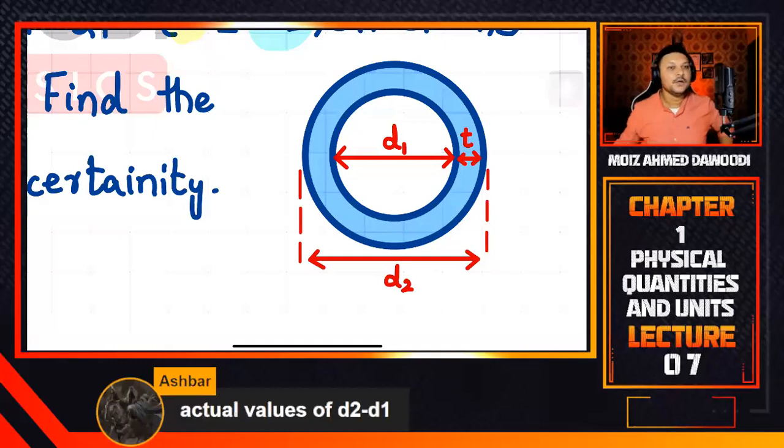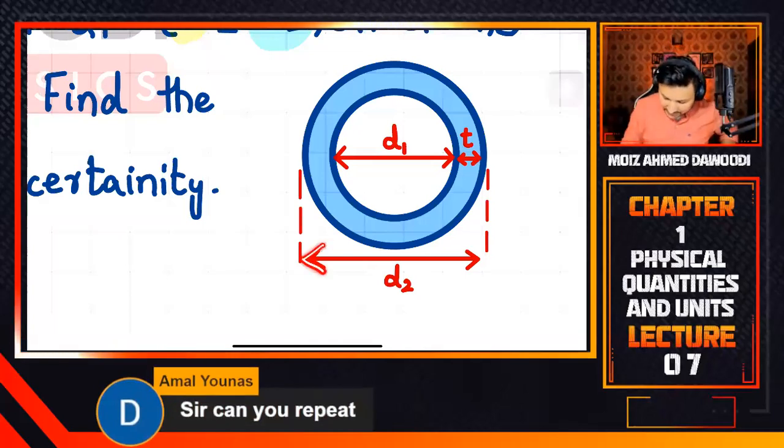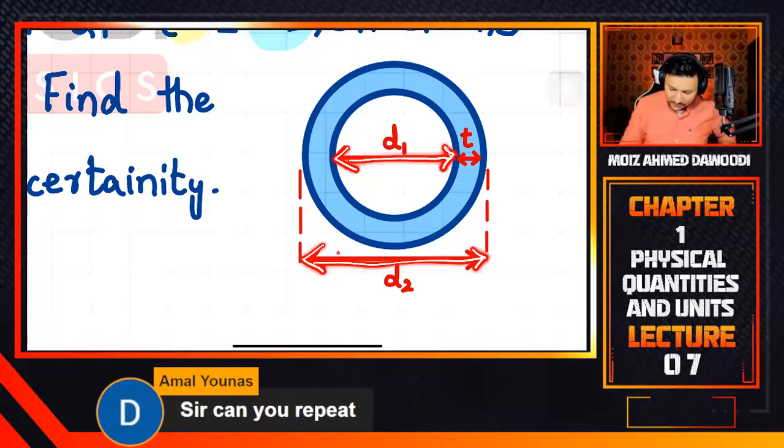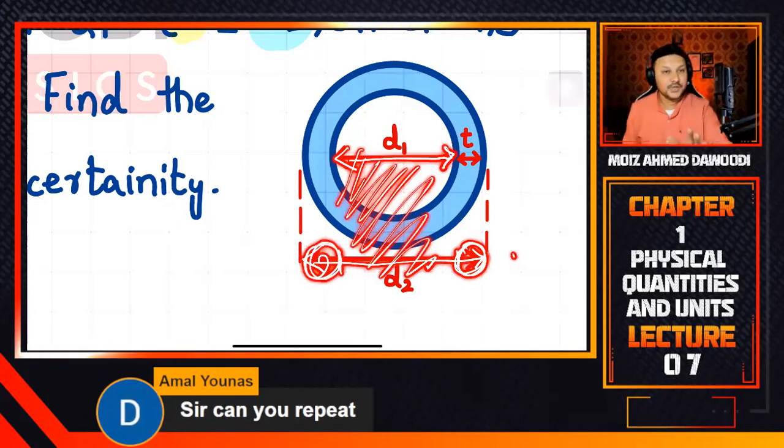Okay, Ifra. Let me explain once again, Amal. I'm saying if I subtract D2 and D1, that means ये जो लेंथ है ये लेंथ सब्ट्रैक्ट हो जाएगी, बट अभी भी ये वाली लेंथ और ये वाली लेंथ बच रही है.